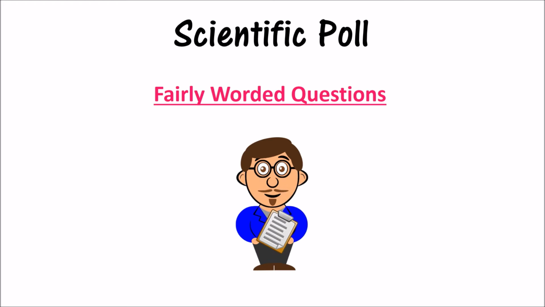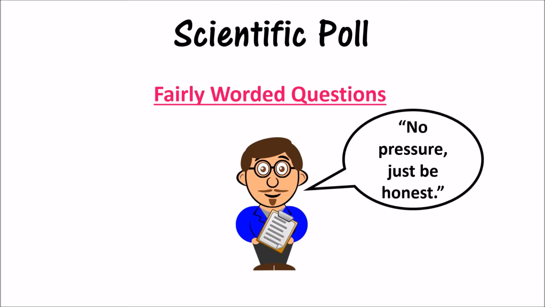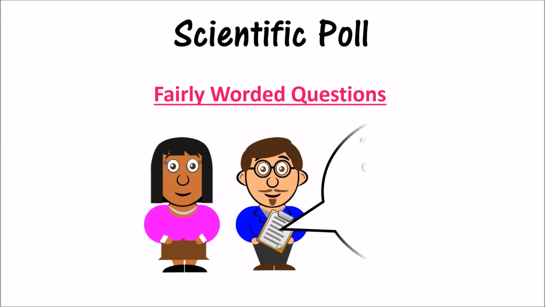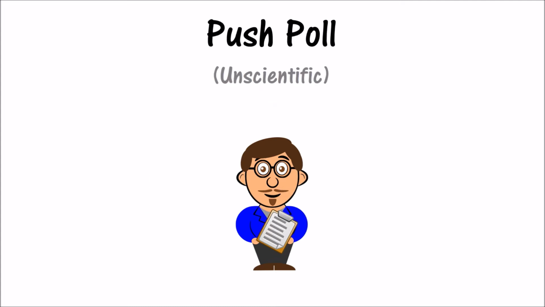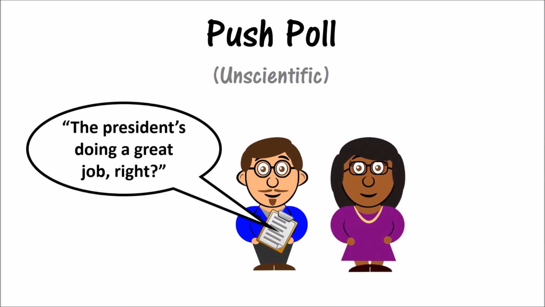These types of questions allow a person to answer without feeling pressured or pushed to answer a certain way. Here's an example. Do you approve or disapprove of the way the president is handling his job? In contrast, a push poll is unscientific because the questions are worded to encourage a specific answer. A push poll question may say something like, "The president's doing a great job, right?"